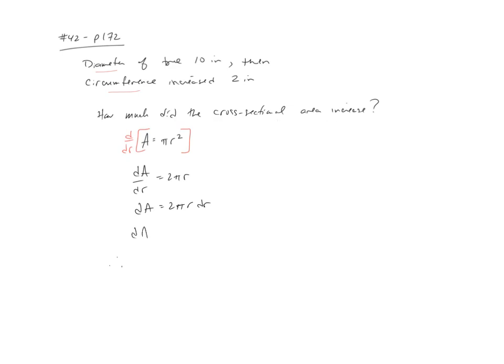So dA is going to equal 2 pi. The radius is going to be 5, because the diameter we started with was 10, so half of that. And then our dr, that's the value we found in the last problem, that 1 over pi. So the dA is going to be 10, and in this case, inches squared, since it's an area calculation.